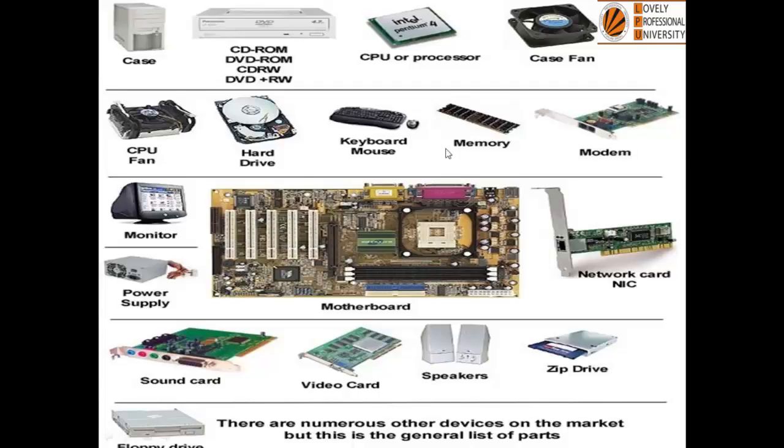This is the memory section, also called RAM, that is random access memory, which is going to be installed in this particular RAM slot in the motherboard. Now if I just want to talk about some similar components which are going to be placed on this particular section, this is called a PCI slot, where the first is a modem, second is a network card, that is NIC, third is your sound card, video card.